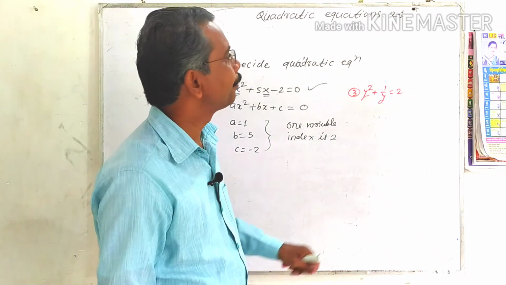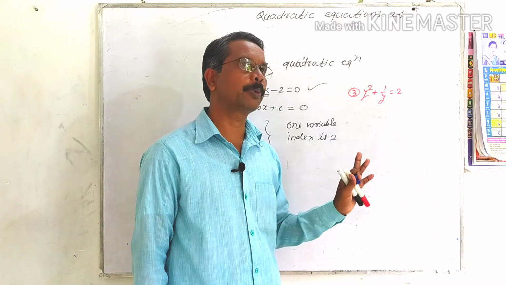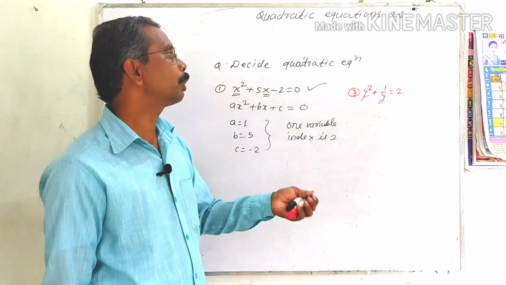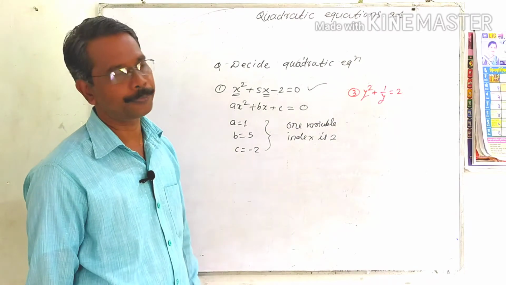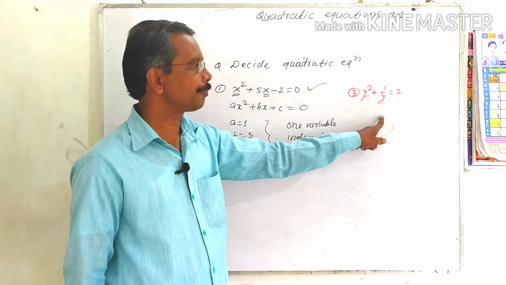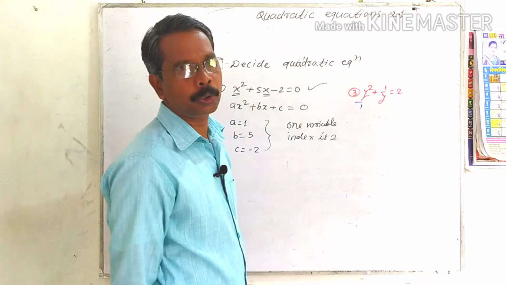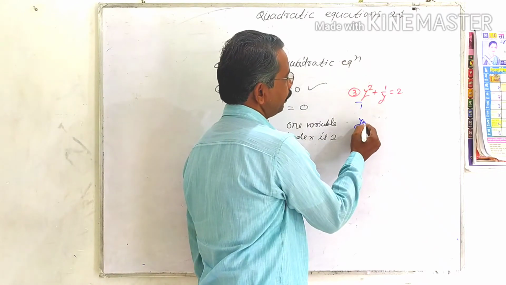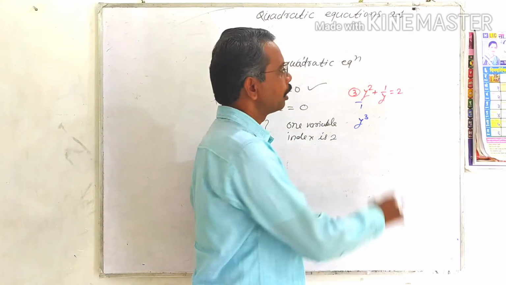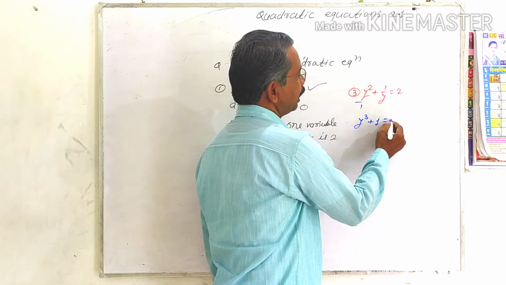Let us see. First we have to convert it into the general form. It is a fraction. Suppose here is 1, then we have to do cross multiplication. y multiply y square, we get y cube. 1 multiply 1, 1, and equal to 2.